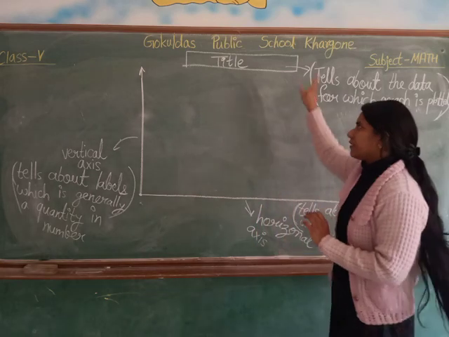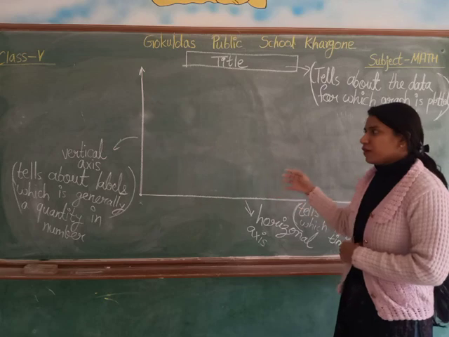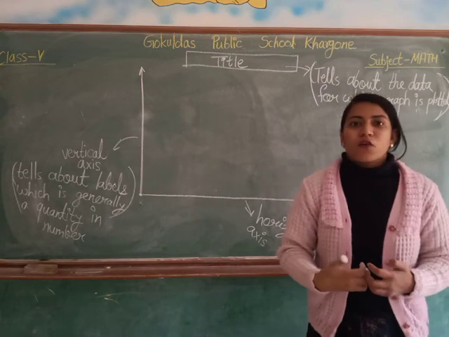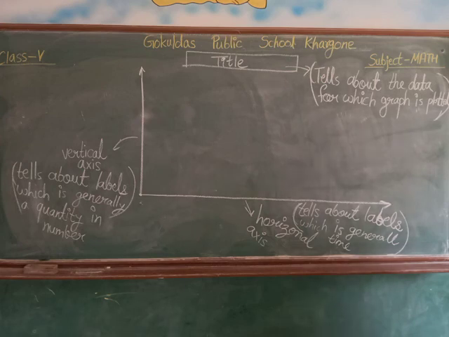In the same manner, if we write the title for the graph, we will understand that this graph is showing what kind of data. So these things must be in your line graph.